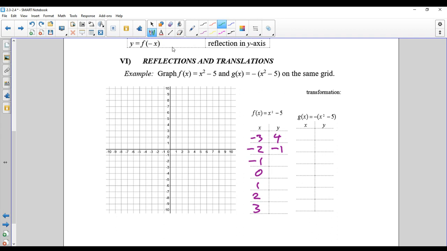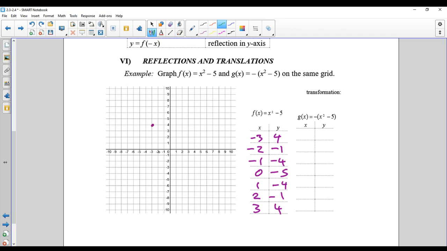Where's my stylus? So that's 1 minus 5, which is minus 4, minus 5, and that should be minus 4, minus 1, and 4. So minus 3, 4 is here.